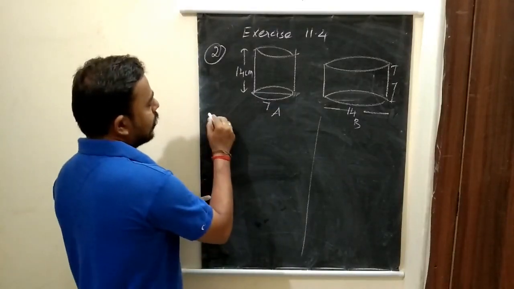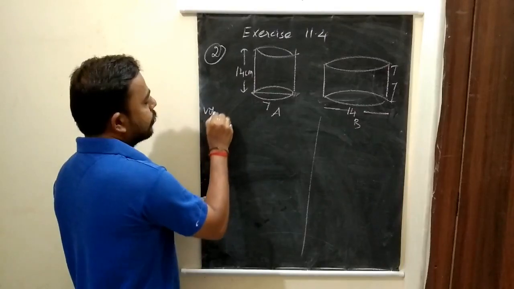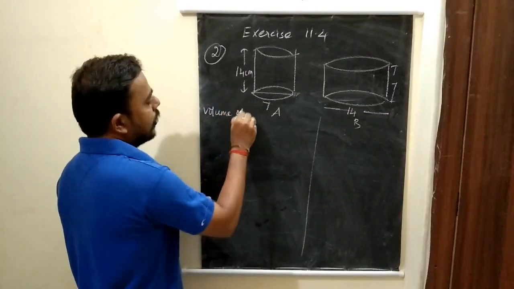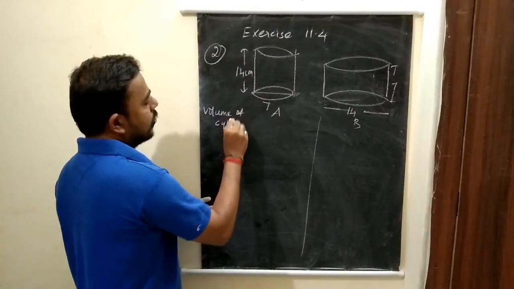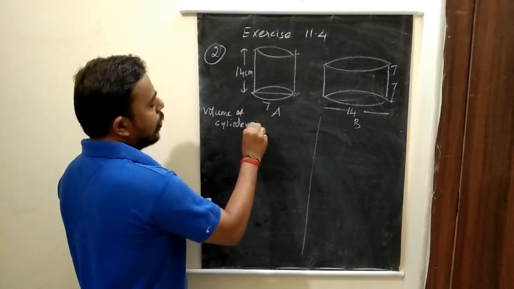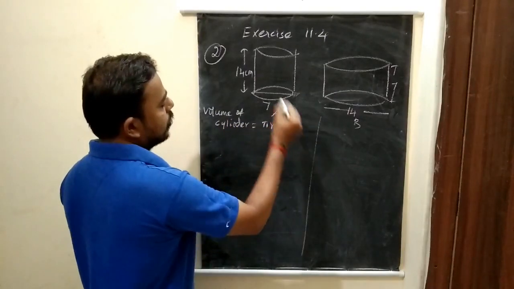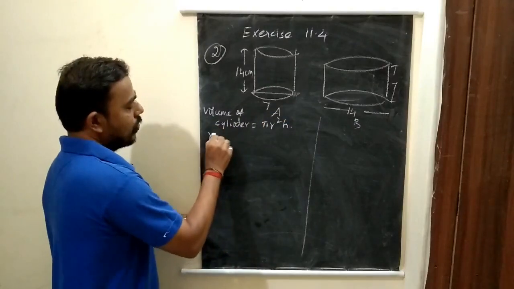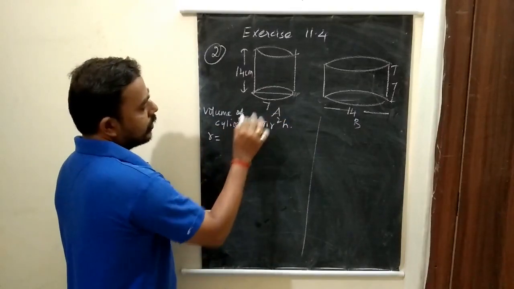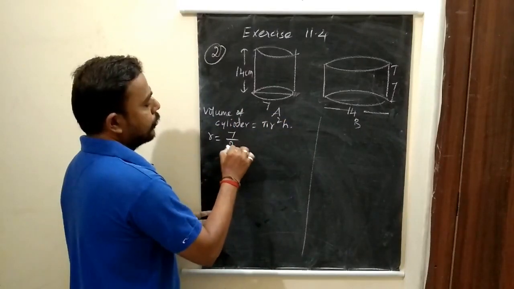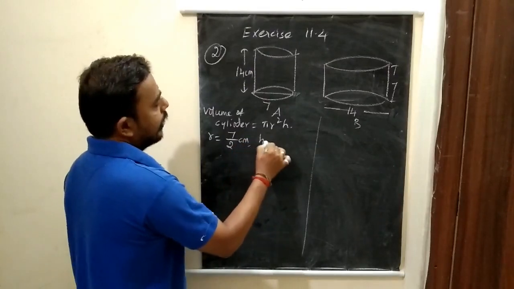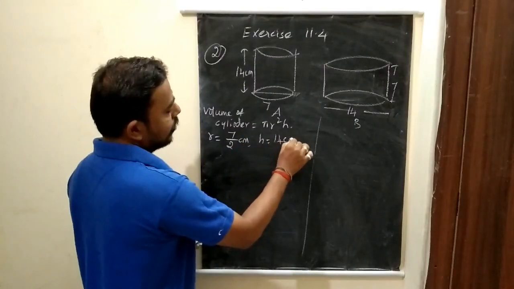So the volume of a cylinder, we know, is pi r square h. For this, the r value, the diameter is 7, so r is 7 by 2, and the height is 14 cm.